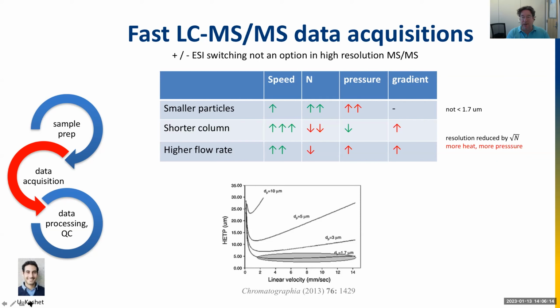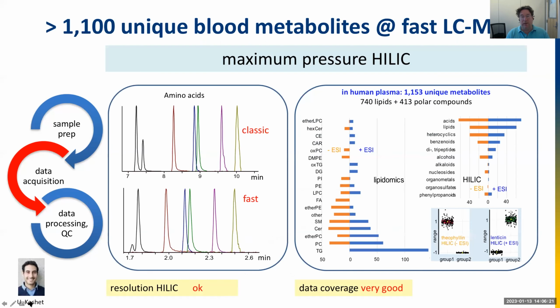You can increase the speed of linear velocity without losing resolution. And when we tried that with maximum pressure hydrophilic interaction chromatography, we got very good chromatographic resolution, even in high throughput. You see this here for amino acids. When we applied that to human plasma, we got 740 identified lipids and 413 identified polar compounds.